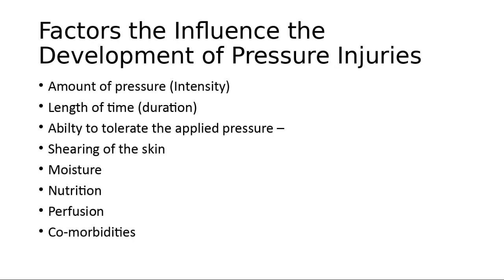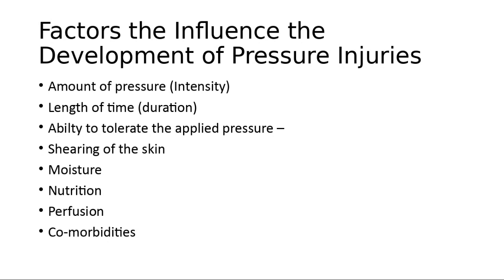So somebody that has an infection, maybe they've got sepsis, right? If they've got a fever, what happens when they've got a fever? When somebody has a fever, they tend to sweat, right? They'll be sweating all over the place. So those patients are going to be at huge risk. They might be mobile, they might be able to move and do all the things, but their skin's very, very at risk because it's moist because of their fever.